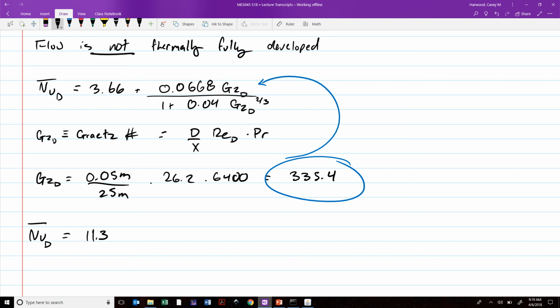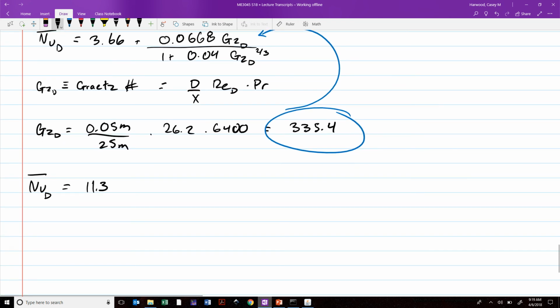So we said we recognize it's not fully developed. We said that means it's an entry flow. For entry flows, we have a special correlation there. We calculated the Graetz number based on how far down the pipe we want to consider, in this case, the entire length. Calculate the Graetz number, plug it into that correlation, and we get the Nusselt number.